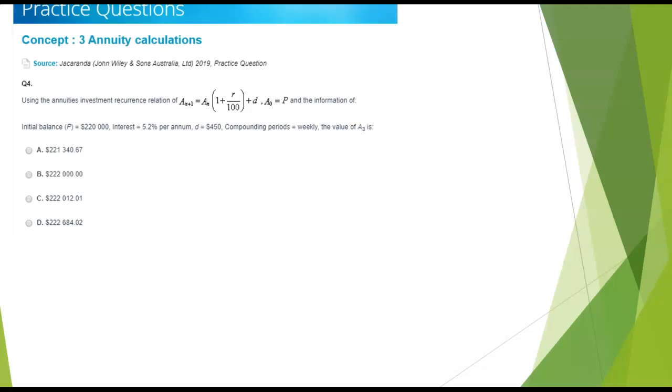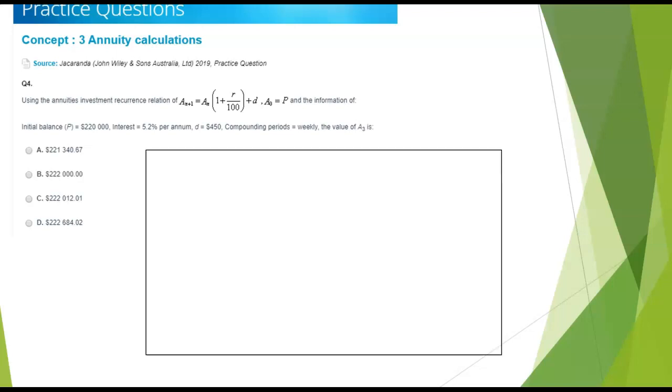Okay, question 4. Using the annuities recurrence relation, calculate A3. So we have to work out what A3 is. Here's A0.